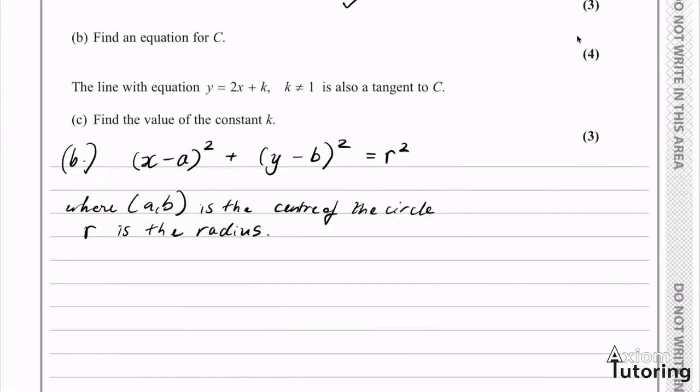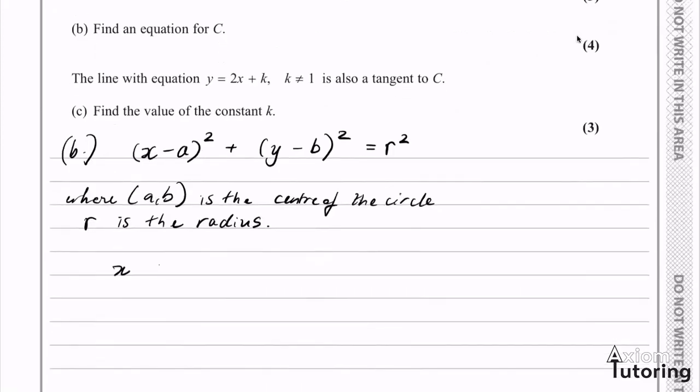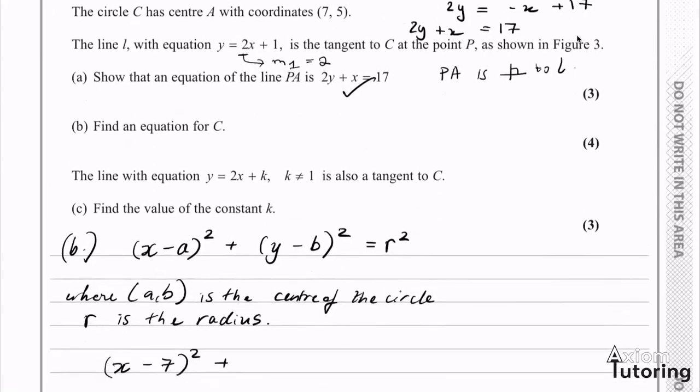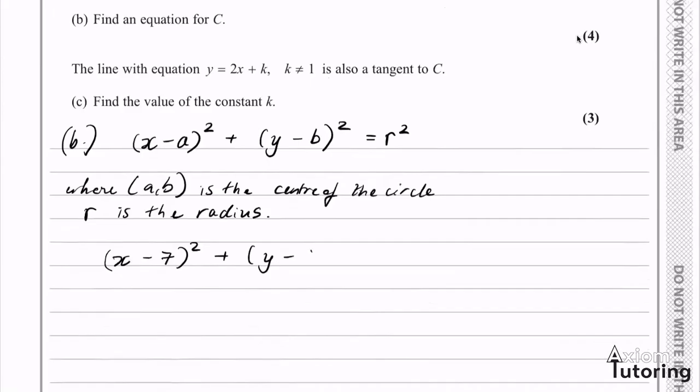If we substitute those values in, we can rewrite this as x minus 7 squared plus y minus 5 all squared equals r squared. So what remains is for us to find out what r is.